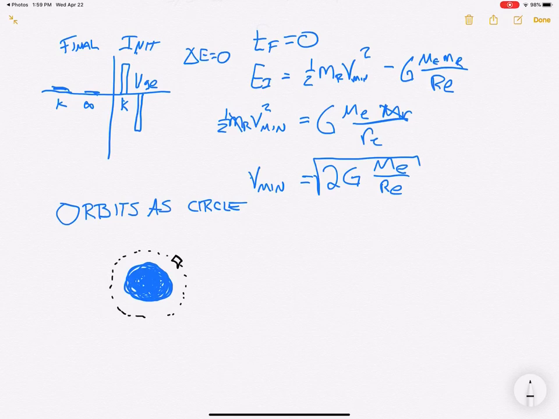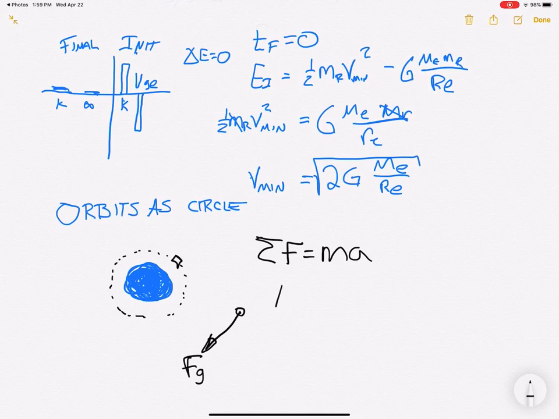To solve this one, because I'm only interested in a single location, not two different locations, I'm going to dive into forces, the sum of the forces equals mass times acceleration. When I draw my free body diagram, the only force I have is the force of gravity pulling it in.